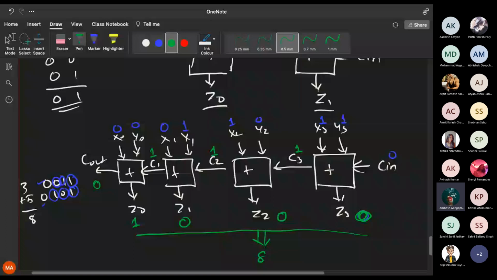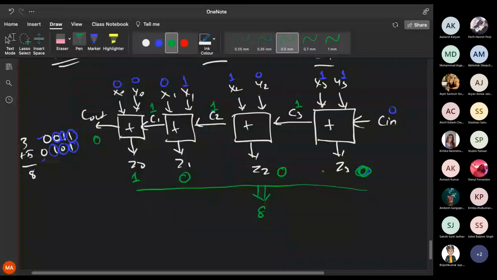A modern processor is a 64-bit processor, which means it will have a 64-bit ALU, which means at a given time it can add 64-bit numbers. So in order to add 64-bit numbers, how many adders are required? 64 adders are required for performing addition of 64 bits. Is that clear so far? If you place 64 adders side by side, it will be able to perform 64-bit addition in a single go. Fine?